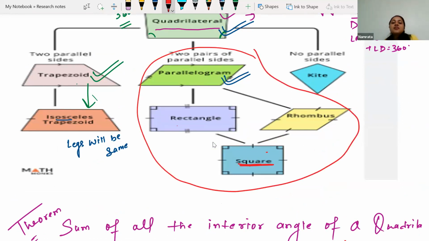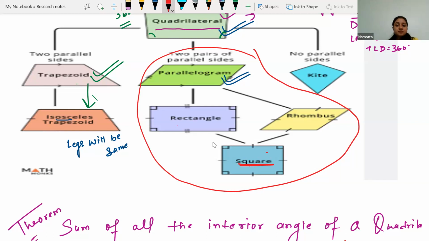You must understand very well the properties of parallelogram and the remaining also. First thing first, you should keep in mind what are the properties of parallelogram, rectangle, rhombus and square. Quadrilateral is having just one quality, that a four-sided polygon is called a quadrilateral, and the sum of interior angles of a quadrilateral is 360 degrees. That is applicable for all the other members.